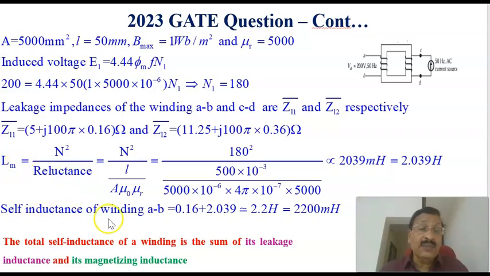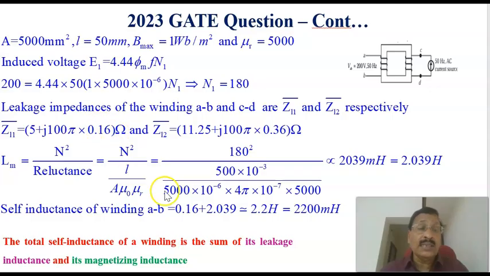Now the self-inductance of the winding, that's the question. To find the self-inductance of the winding, the total self-inductance is the sum of the leakage inductance and the magnetizing inductance. The leakage inductance of this winding is given as 0.16.